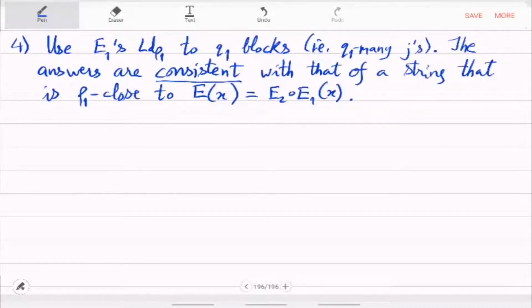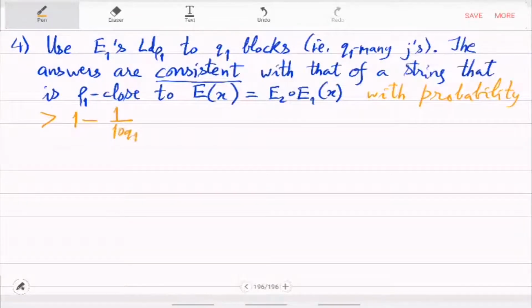So this is with probability greater than 1 minus 1 over 10 Q1 times Q1. Okay, for a single block the error is 1 over 10 Q1. For Q1 blocks, it can be at most 1/10. So the probability is 90% or more.